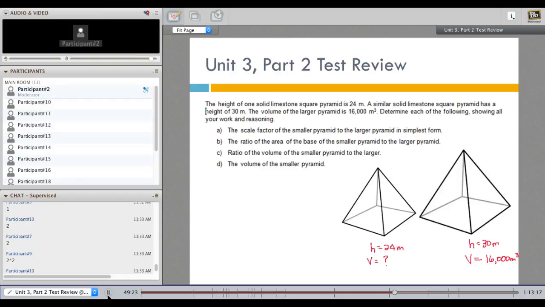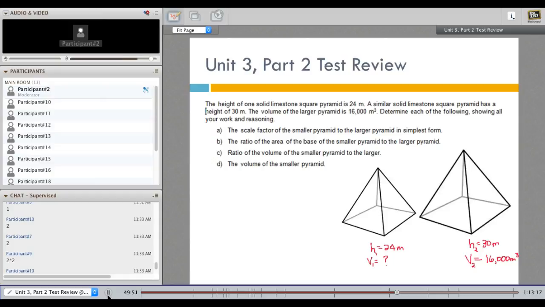Okay, and it didn't have it labeled, like which one are we going to call figure 1 and figure 2. So we just labeled this first one number 1, I think, and then the larger one we called number 2. Actually, I don't know if we did. But what we could do, let's read question A. Smaller over larger.